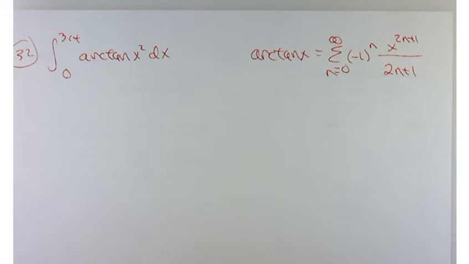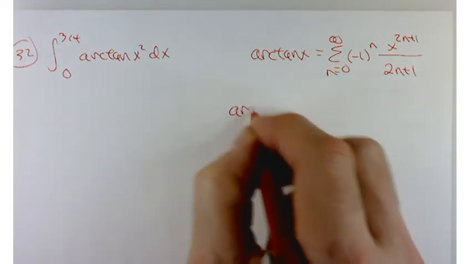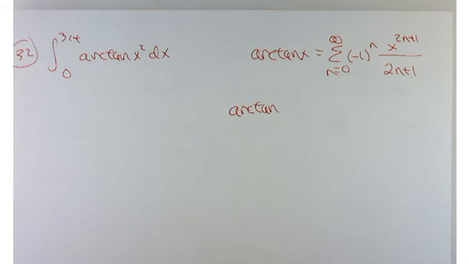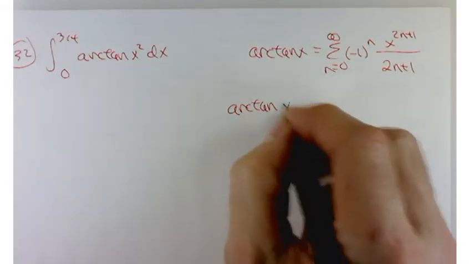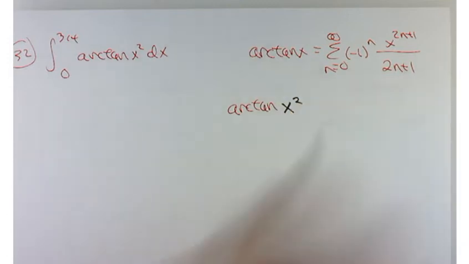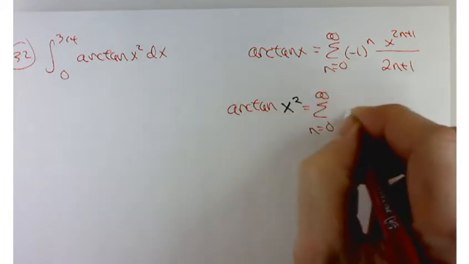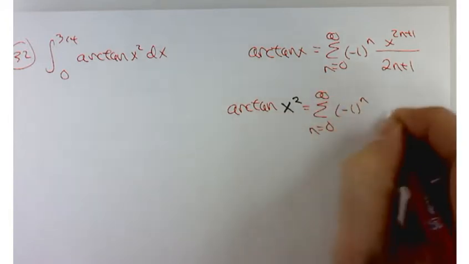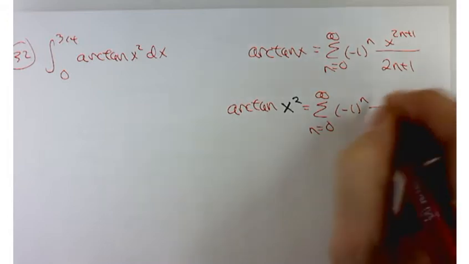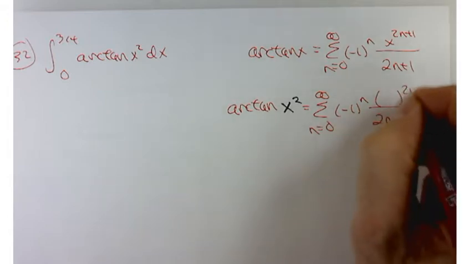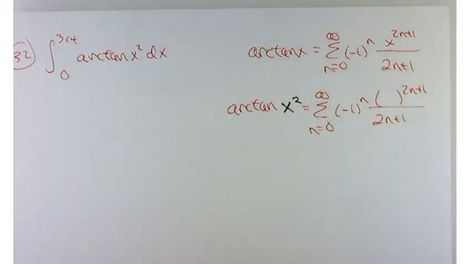The arctangent of x squared is going to be the sum from n equals 0 to infinity of -1 to the n over 2n plus 1 times x squared to the 2n plus 1. So all we're doing is substituting in x squared there.